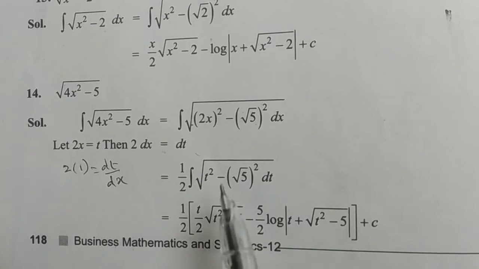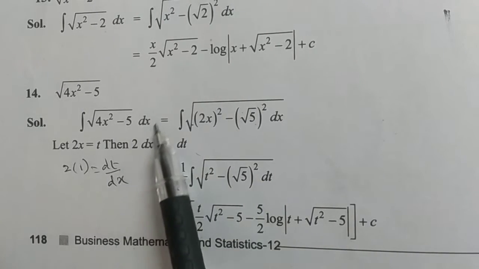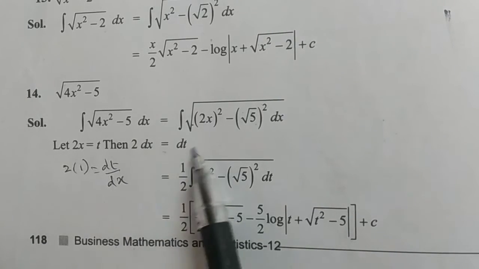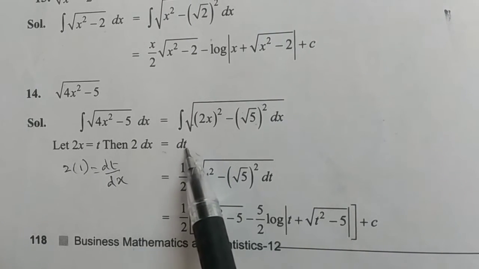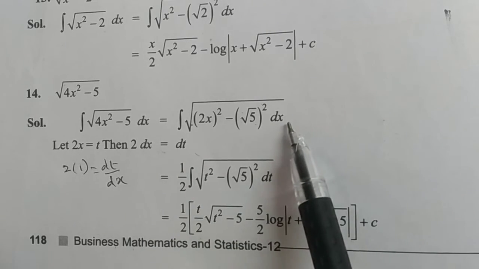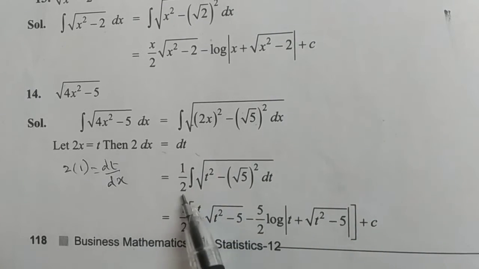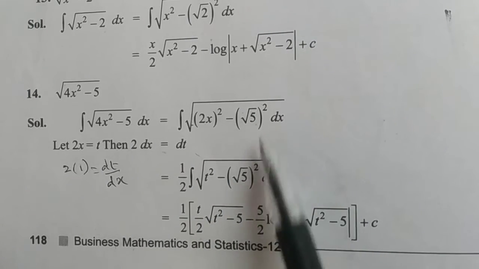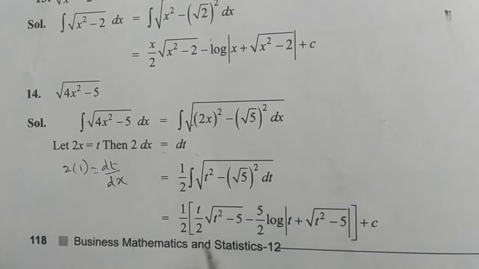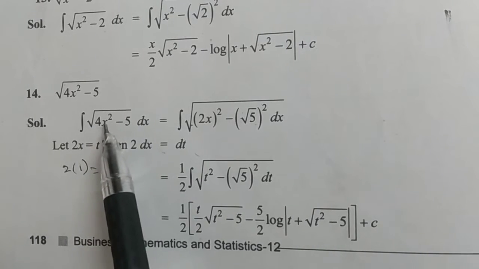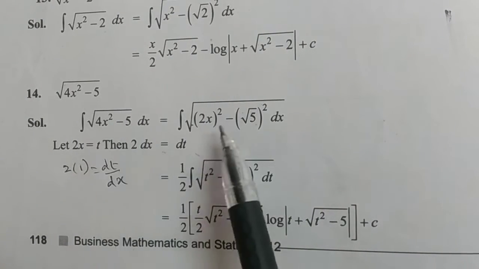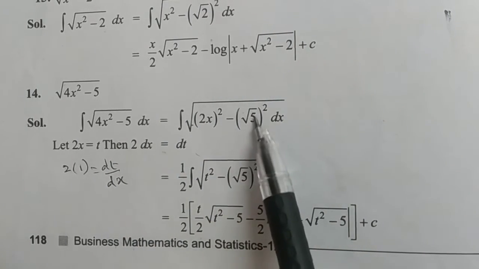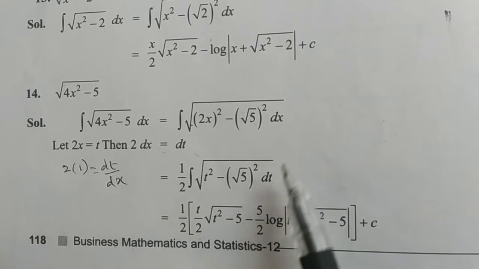So substitute the value here. What is the dx value? dx is dt by 2. Substituting here, we get 1 by 2 and the integral of square root of t square minus root 5 the whole square into dt. Here we considered 2x the whole square minus 5 written as root 5 the whole square into dx.